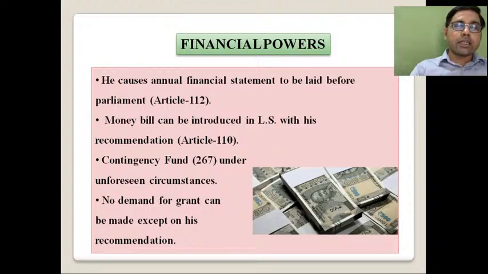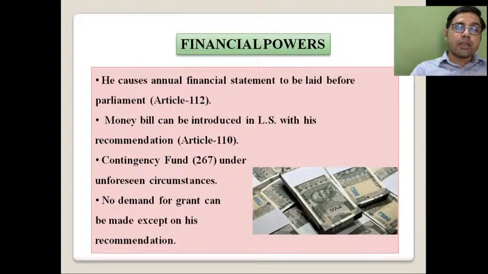Then later on we will discuss Article 265, 266, 267 in detail. But यहाँ पे मैं आपको बता रहा हूँ कि there is one fund known as contingency fund of India placed at the disposal of President. किसी unforeseen circumstances को, किसी unplanned expenditure को tackle करने के लिए immediately President can make advances from such contingency fund, generally on the advice of Council of Ministers, and there is an upper limit of this fund like 500 crore rupees.